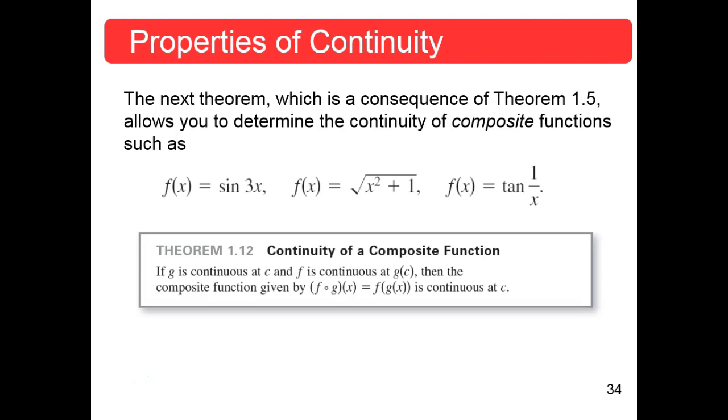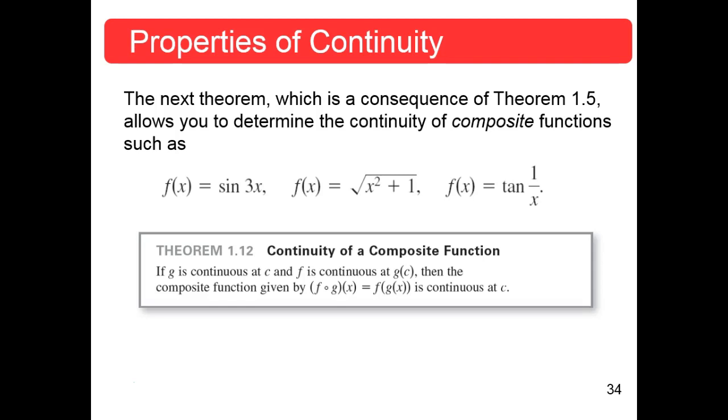So if g is continuous at c, f is continuous at g of c. And again, sine's continuous everywhere, square root's continuous everywhere as long as the argument is greater than or equal to 0, which it is, and tangent is continuous everywhere.